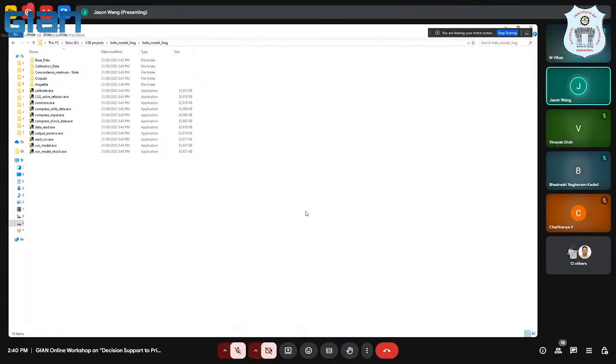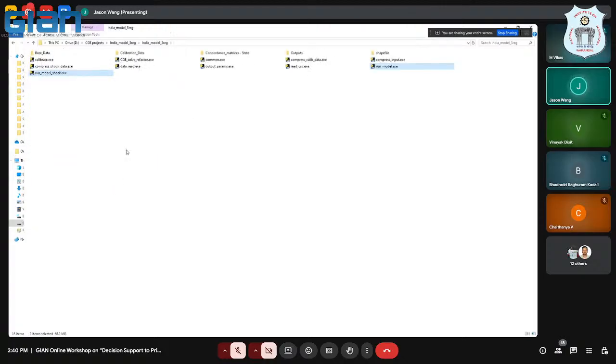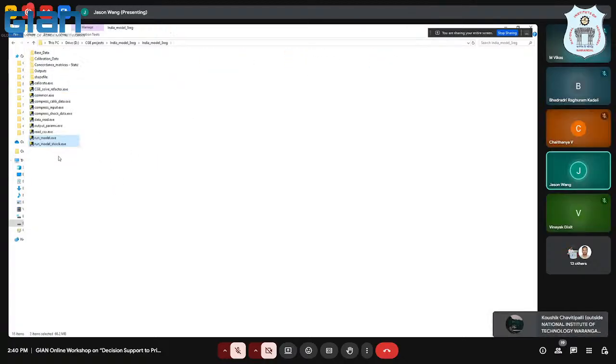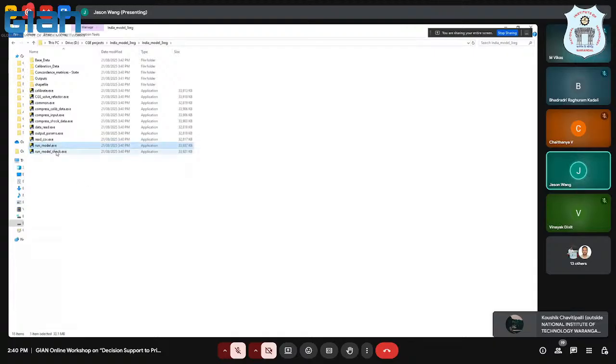When you open it up, you'll see there's a bunch of different folders and a bunch of executable files. Most of these executable files are on the back end, so there's no need to run them. The main two executables we'll be looking at are the ones on the bottom, the run model executable and the run model shock executable.